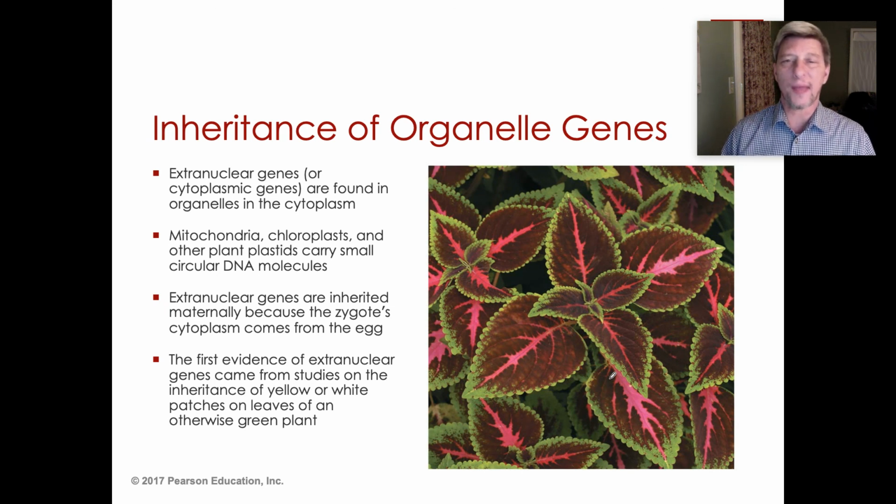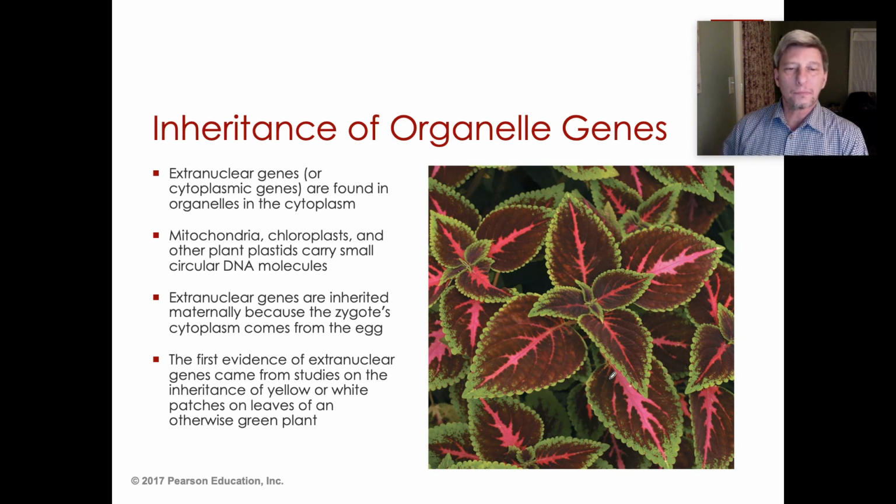We talked about that when we were talking about the evolutionary development of mitochondria. These are called extranuclear genes, or sometimes referred to as cytoplasmic genes. And these are found not only in mitochondria, but in plants, they're also found in chloroplasts.